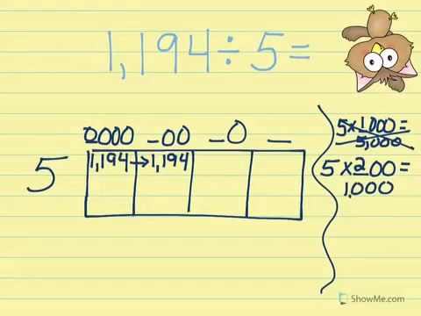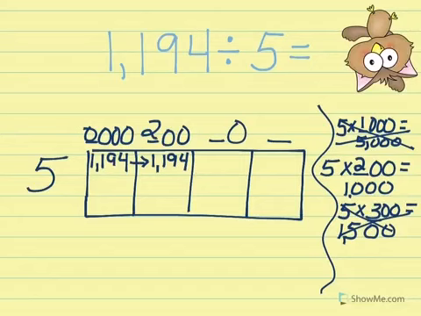That seems pretty close, but let's try 5 times 300 just to be sure. 5 times 3 is 15 and 2 zeros. 1,500 is too high. So we're going to go with a 2. 200 times 5 is 1,000.